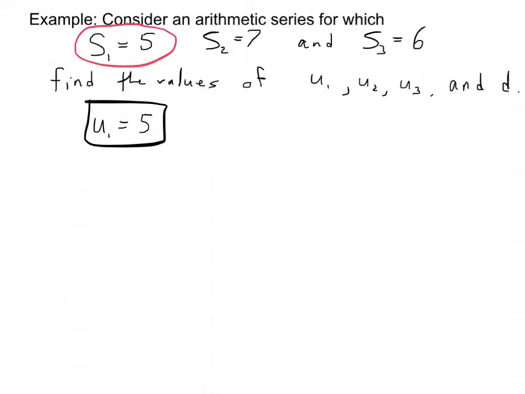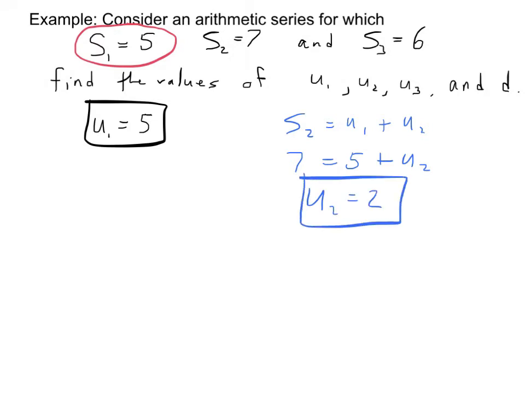Well, I hope that you paused the video and thought about that. I hope that you recognized that S2 has to be the first term plus the second term. In other words, 7 has to be equal to 5 plus whatever the second term is. And so from here, we can tell that the second term has to be 2.